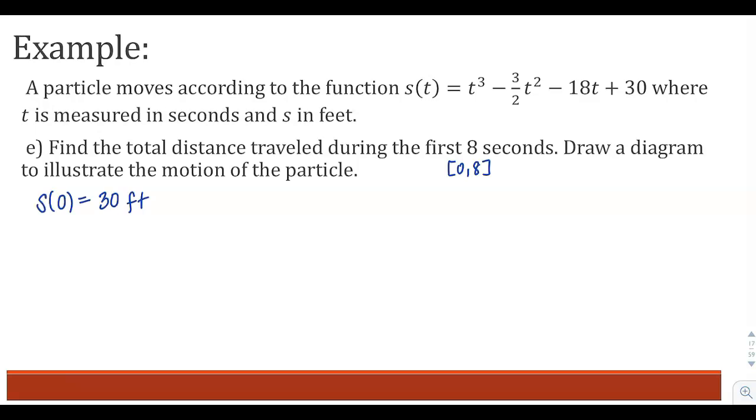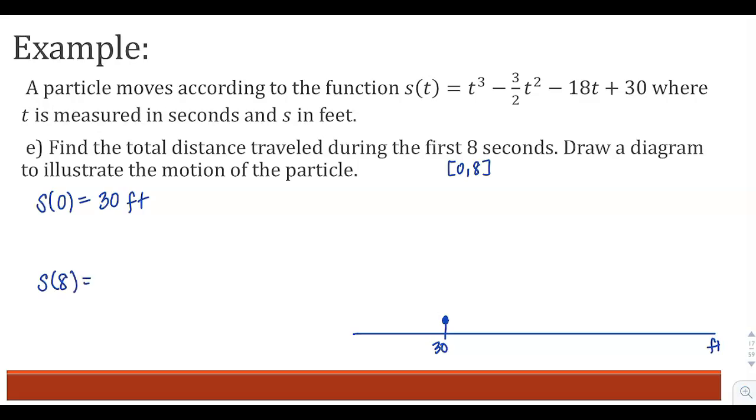So I'm going to start to draw myself a diagram over here. I'm going to label 30, and this is in feet, and we know that this is where our particle starts. But now the question is, what happens in between 0 and 8 seconds? I can figure out where the particle is at 8 seconds, so let's do that, but I'm going to leave a gap.